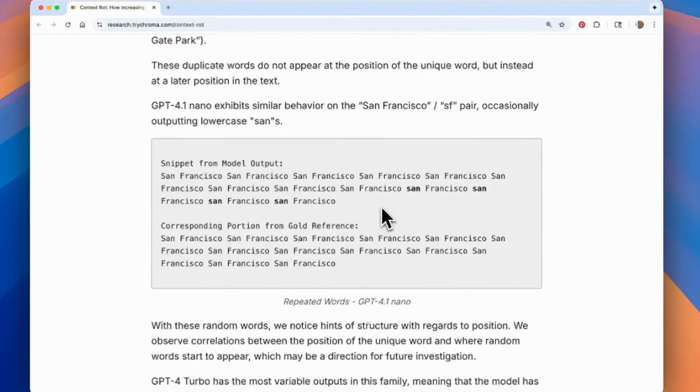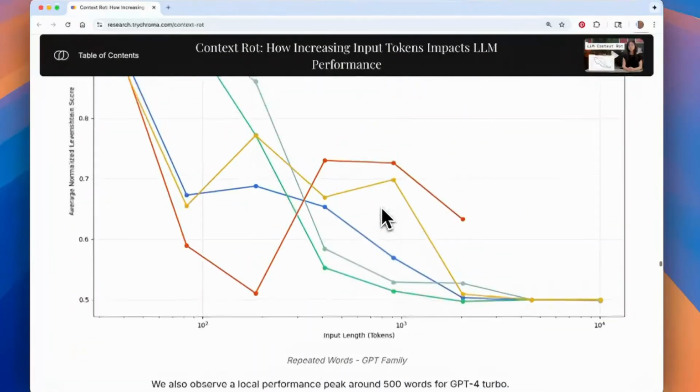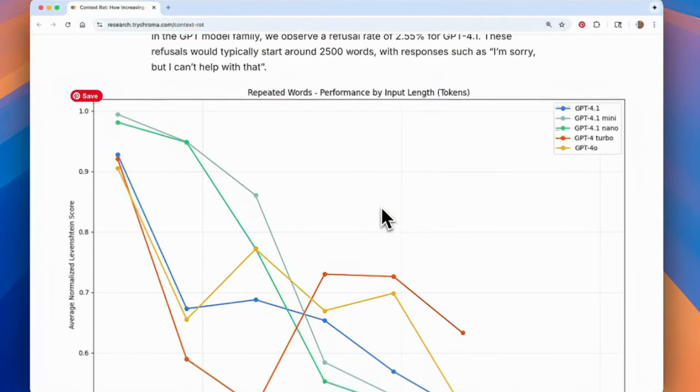And so if you're using like a Python program, this is a trivial task to print San Francisco 1,000,000 times. But language models aren't Python programs. They're probabilistic. And so the longer they are, the more likely they're going to say something different. And I have no idea why this is relevant at all to their argument.